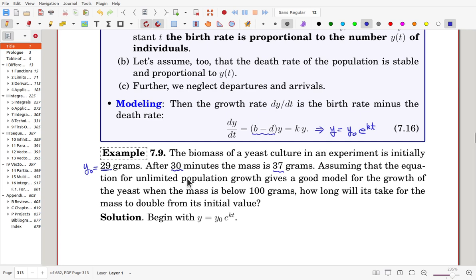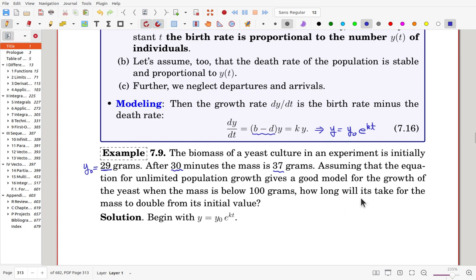Assuming that the equation for unlimited population growth gives a good model for the growth of the yeast when the mass is below 100 grams, the model can be expressed by that equation, and the solution is in this form.